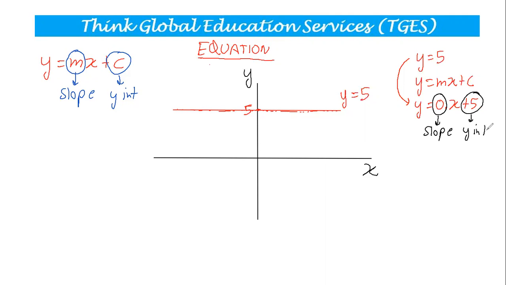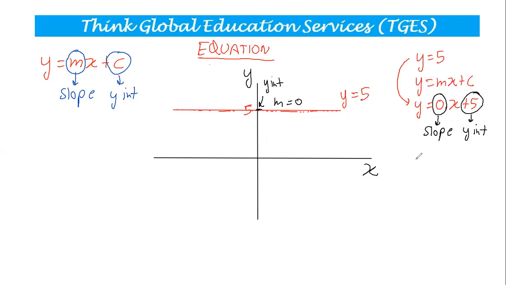We did that in the last class, guys: if the slope is 0, the line is definitely parallel to the x-axis, as we can clearly see in this figure. And the y-intercept is plus 5, which means it cuts the y-axis at positive 5. So that's why I have drawn a line parallel to the x-axis hitting the y-axis at 5. We get a lot of information if we express the line in the standard form.